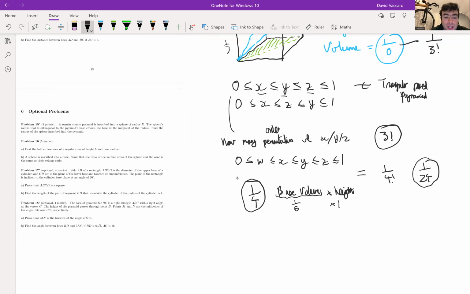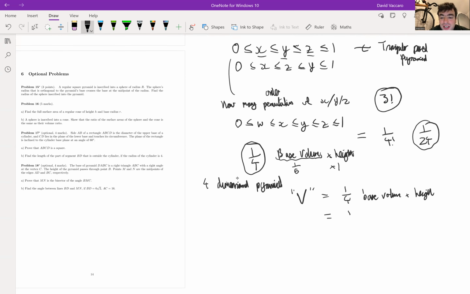So for a 4-dimensional pyramid, the formula for the volume is 1/4 base volume times height. For 3 dimensions, it's 1/3 base area times height.